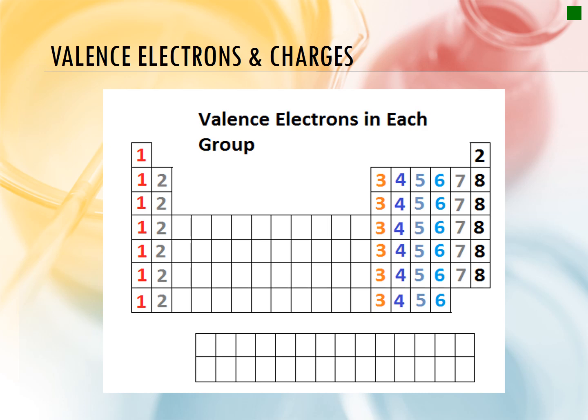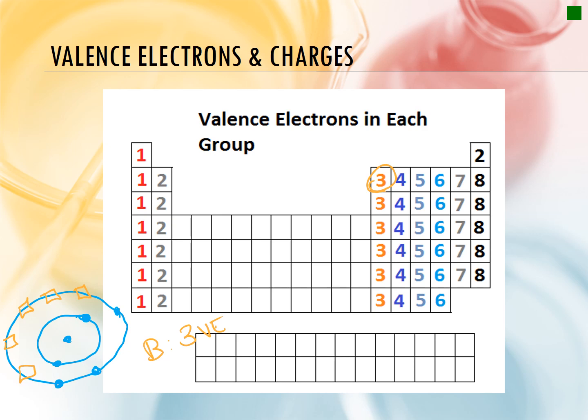Okay, let's try another one. Let's try boron. Okay, boron has a total of 5, not valence electrons, but a total of 5 complete electrons, which means that boron has 3 valence electrons. So I'm talking about this guy, and it has 1, 2, 3, 4, 5 openings.